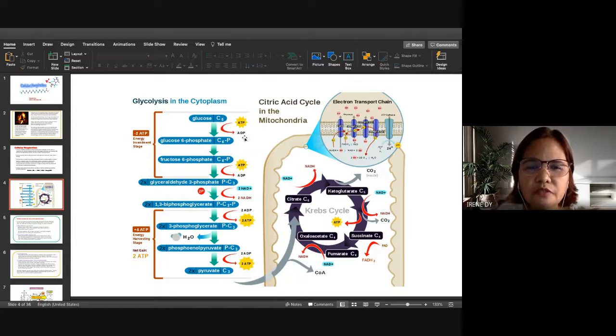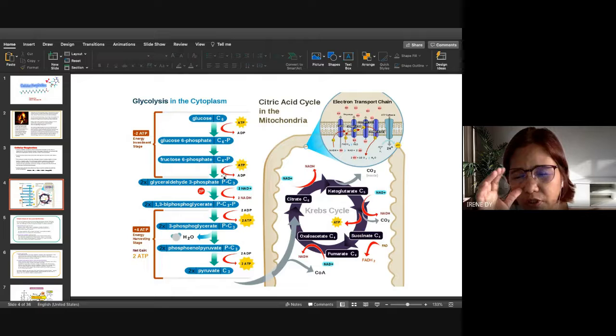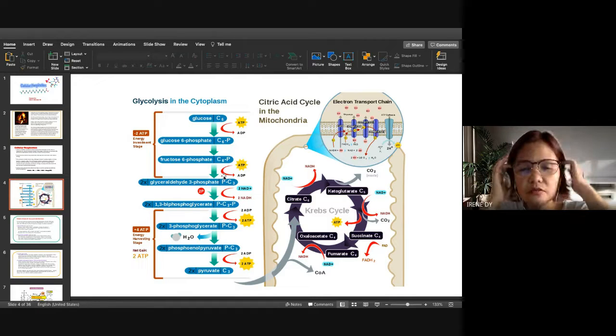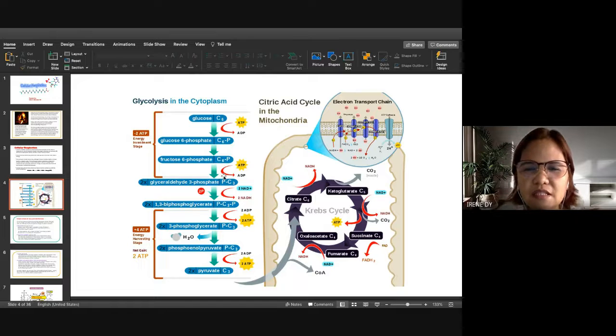And then, converting glucose 6-phosphate to fructose 6-phosphate, wala. Walang mawawala, no? But for fructose 6-phosphate going to glyceraldehyde 3-phosphate or C3, okay, nababago yung carbon numbers, no, ng compound. So you will again release ATP to ADP.